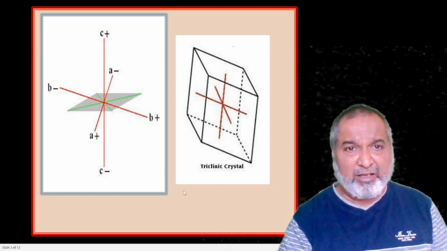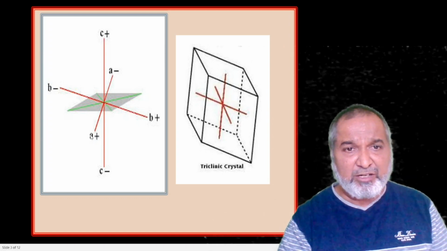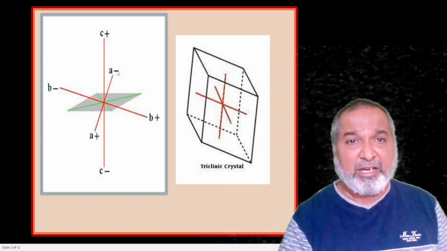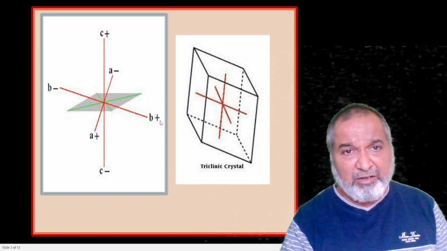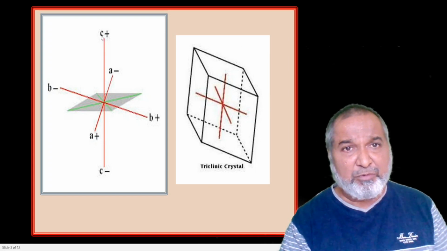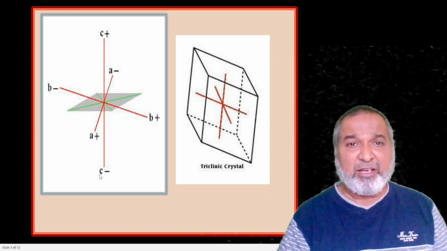You can see here A running from front to back. The front side, toward the observer, is the positive end, and the back is given as the negative side. B runs from right to left in the upward direction, with the positive side on the right-hand side and negative on the left. C runs from top to bottom, so the top is given the positive sign and the bottom the negative sign.